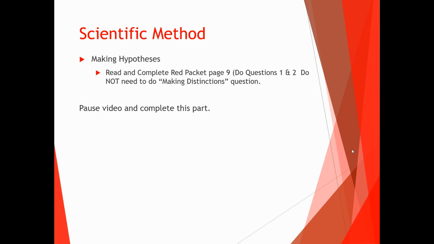And I am going to say that you do not need to do the making distinctions question that is there on the bottom. While it does have a lot of benefits to doing it, if I'm not there in class, it's not really something we can discuss. So for right now, I'm going to ask you to do questions 1 and 2 and their various parts on here.